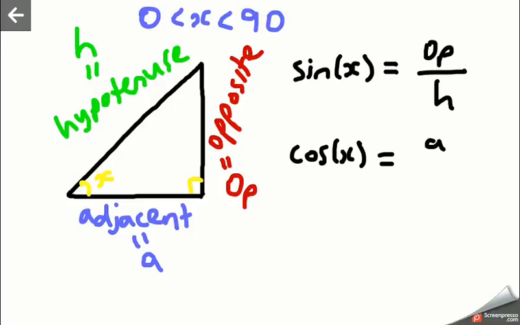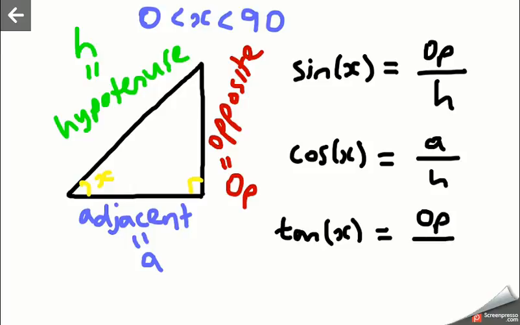So A divided by h. And finally, tangent, which is just written as tan of x, is going to be equal to the length of the opposite side divided by the length of the adjacent side. So OP divided by A.